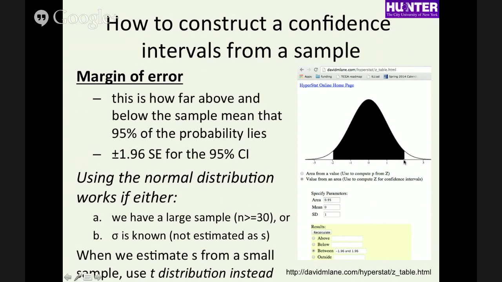On the scale of z, for the 95% confidence interval, the margin of error is 1.96 in terms of z, and when you multiply that by the standard error, it gives you your margin of error in terms of whatever it is you're actually measuring.